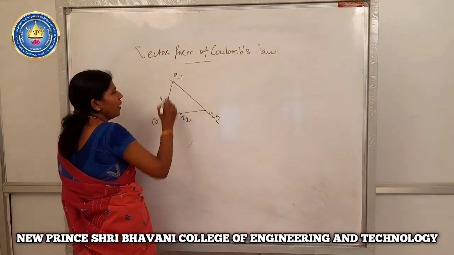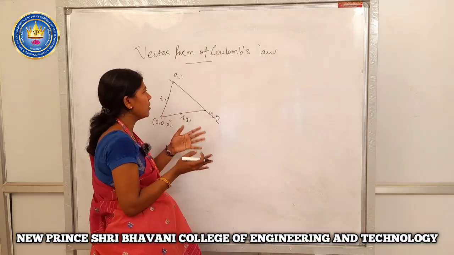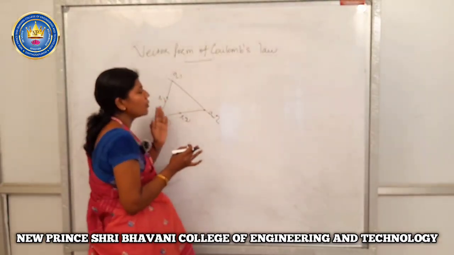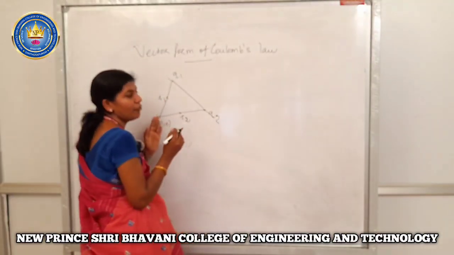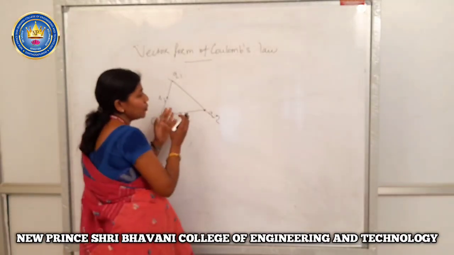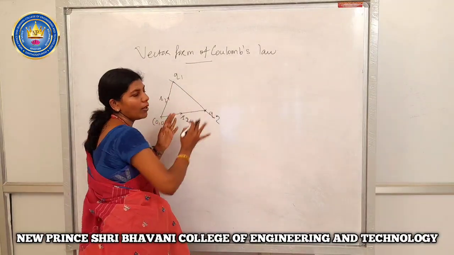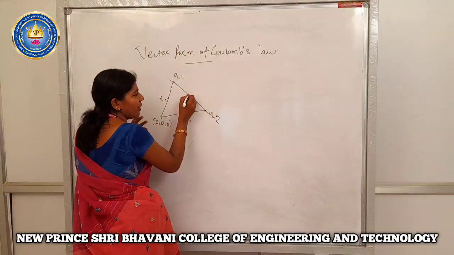Okay. So here you know that Q1 exerts force on Q2 while Q2 exerts force on Q1. First we will calculate the force on Q2, due to the force exerted by Q1 on Q2. Along which direction?